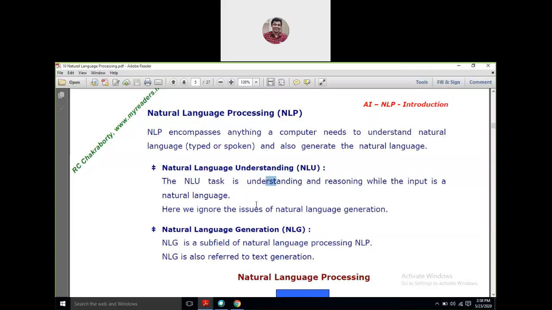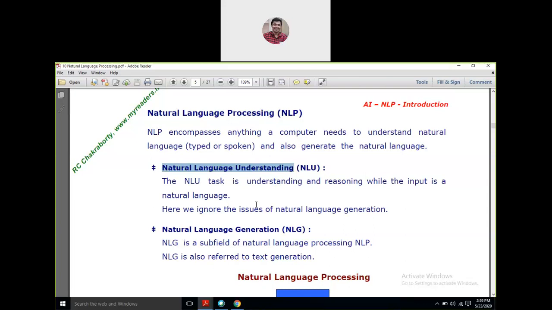If I'm talking about the natural language understanding part, then I'm talking about how a system will be understanding the syntax, the semantics, the morphemes, the phonetics, and how the system will be reacting towards the morphology, right?